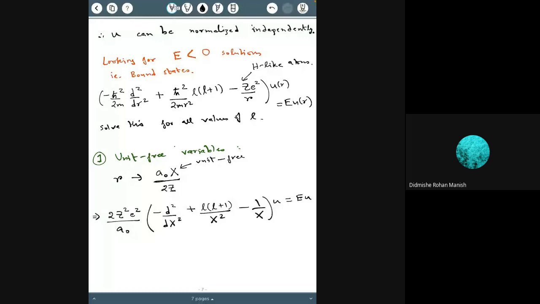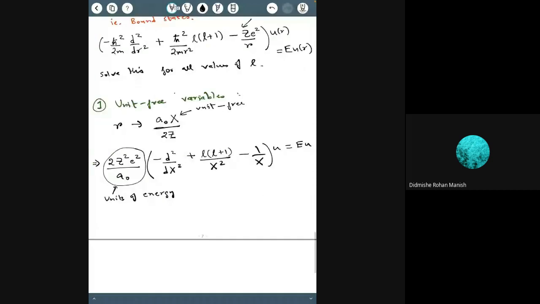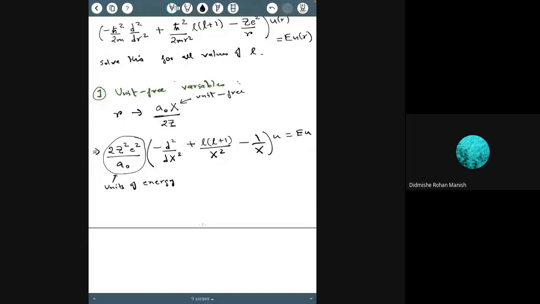And this has units of energy. And the operator inside is unit free, which also means that I can shift this quantity to the right and obtain a unit free quantity on the right hand side as well. That is, my equation becomes entirely unit free.